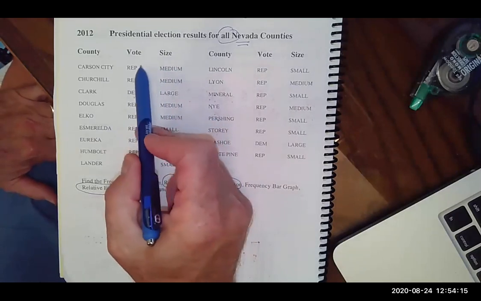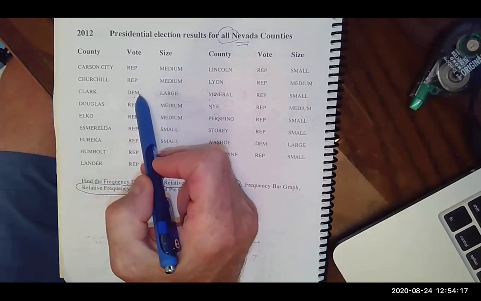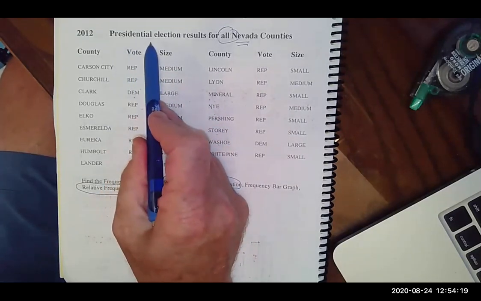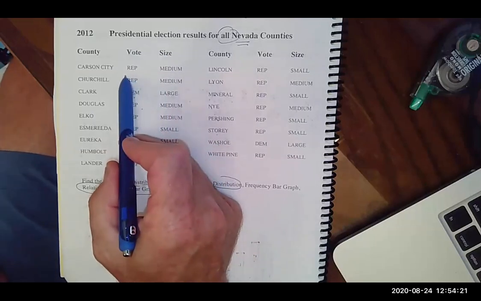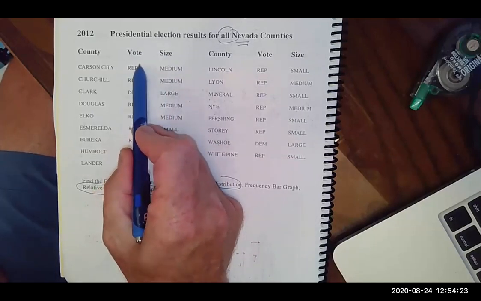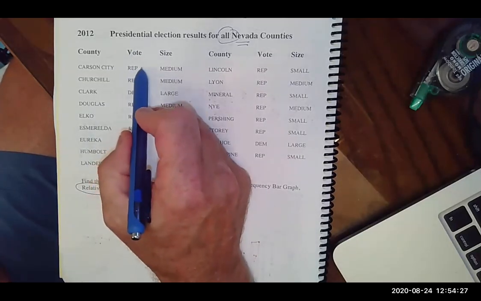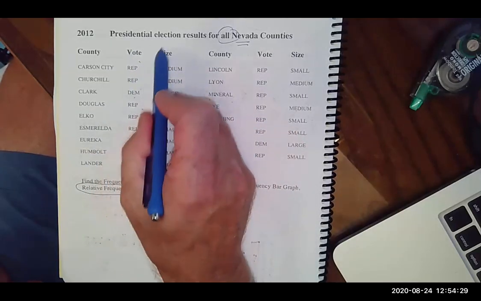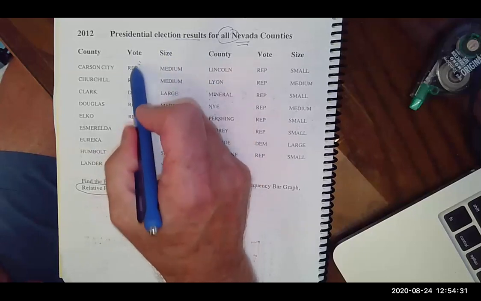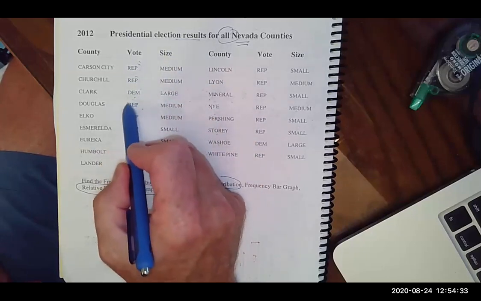And at the time, let's see, what does it say? Presidential results. It looks like this was how they voted as a county overall, if I'm reading it right, because it says election results. Republican, Democrat, Republican.